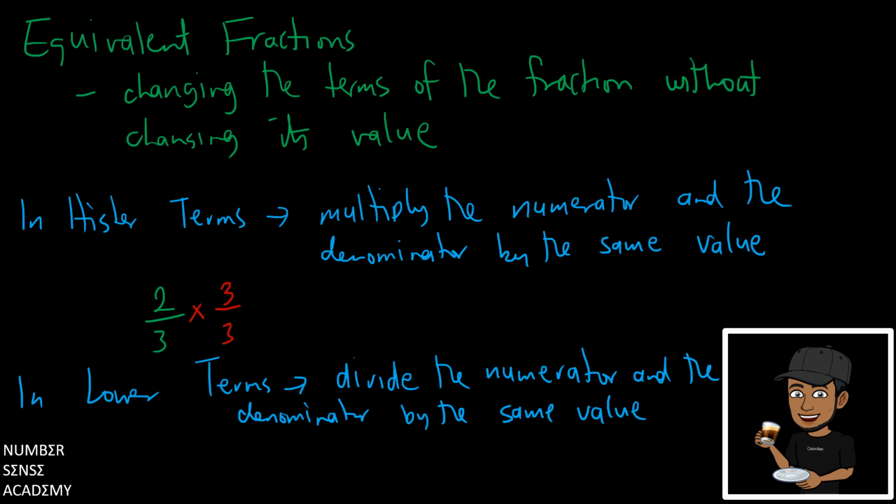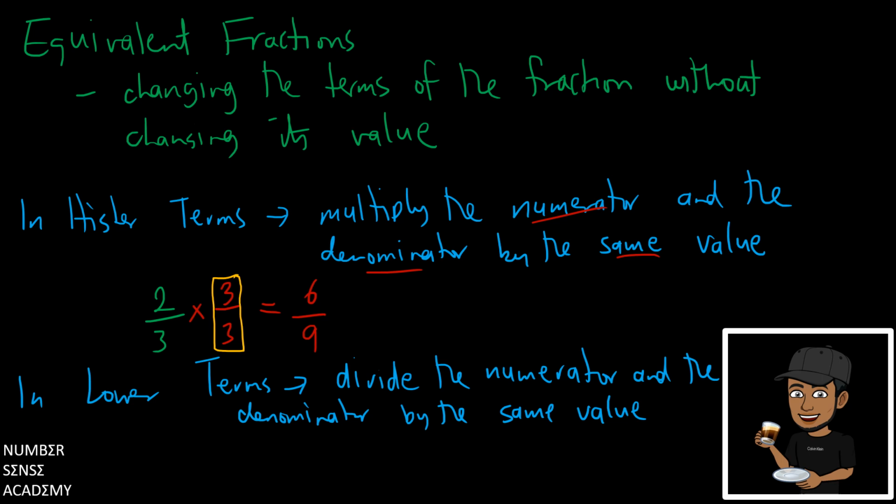You multiply the numerator and the denominator by the same value. So I could just write it as 3/3. And what I end up with is 3 times 2 is 6, and 3 times 3 is 9. So I haven't changed the value, I've only raised it to higher terms. Here's another reason why you know that you've only raised it to higher terms and not changed the value: because you multiplied by 3/3.